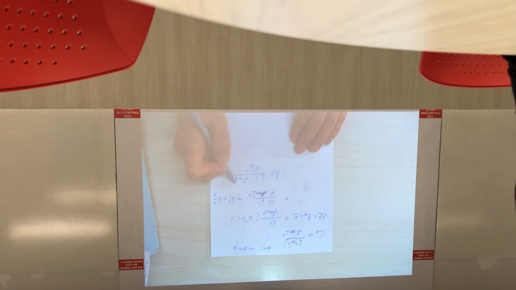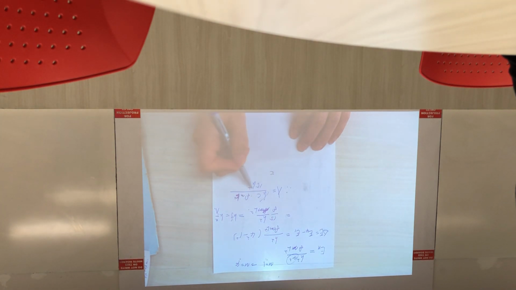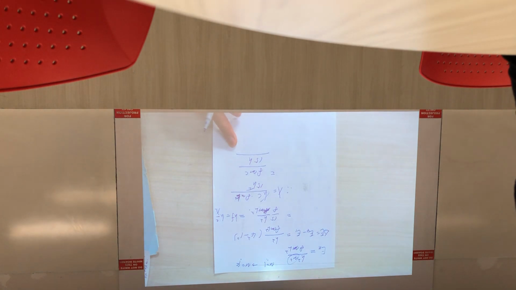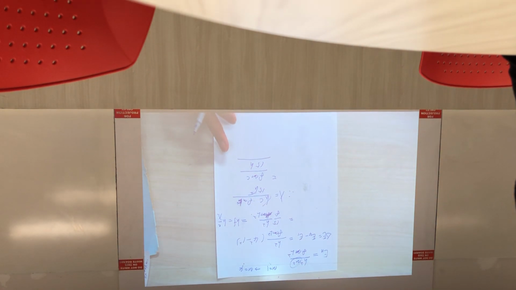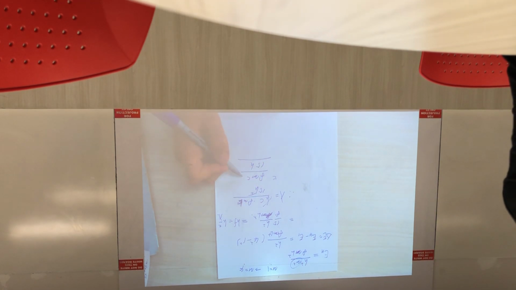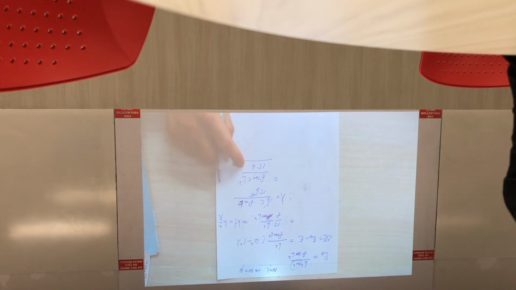So h goes away, and we will have 8mcL squared over 15h. So we find this wavelength in terms of the box.